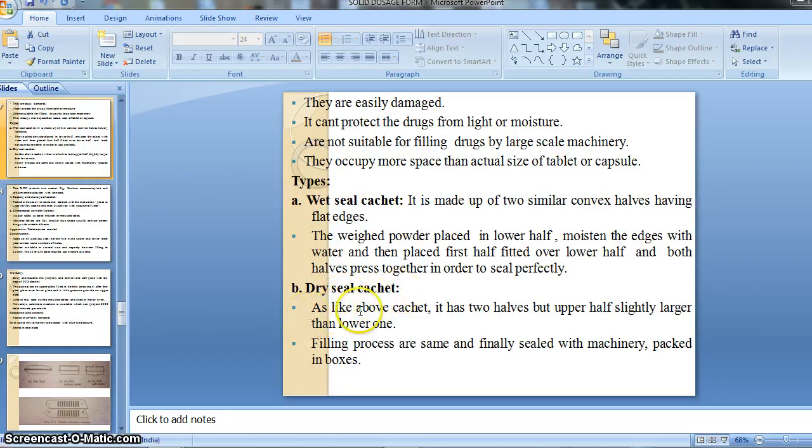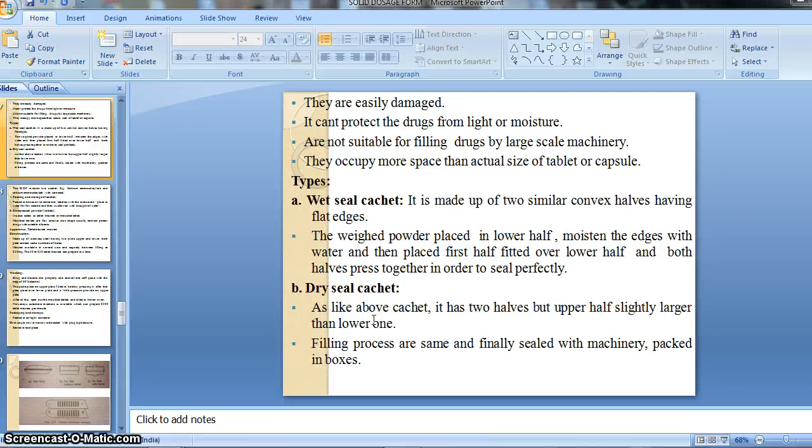Then the dry seal sachet, like the above sachet, has two halves, but the upper half is slightly larger than the lower half. Like the wet seal sachet, the dry seal sachet is similar, right? But there is a slight difference: there are also two halves or two portions, but the upper half is slightly larger than the lower half.